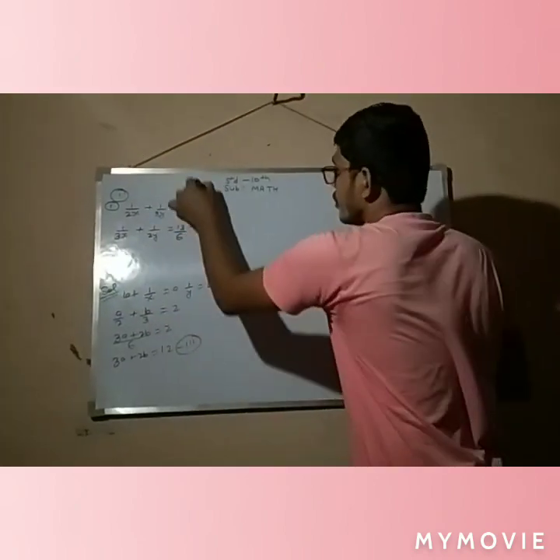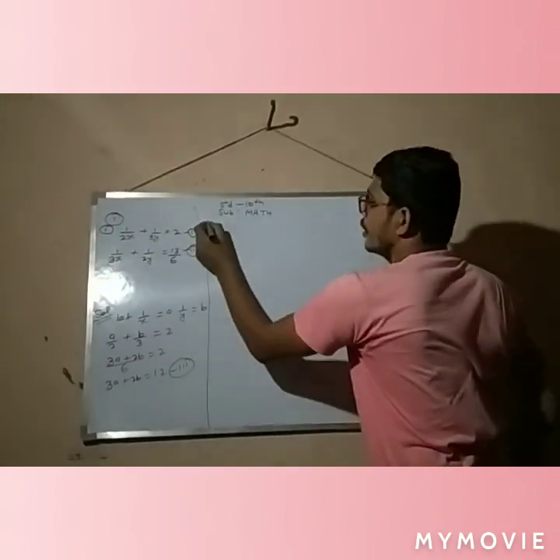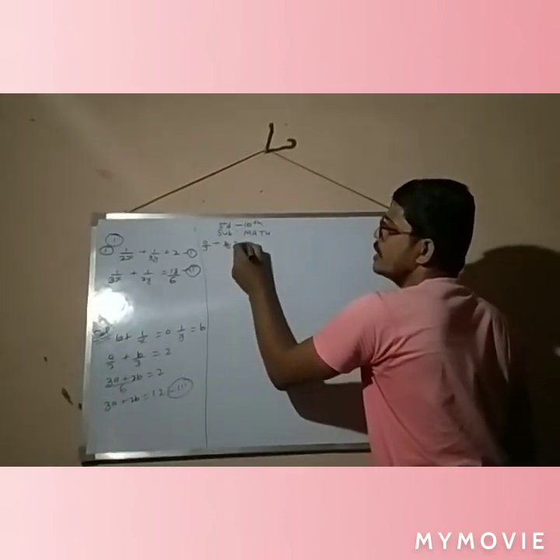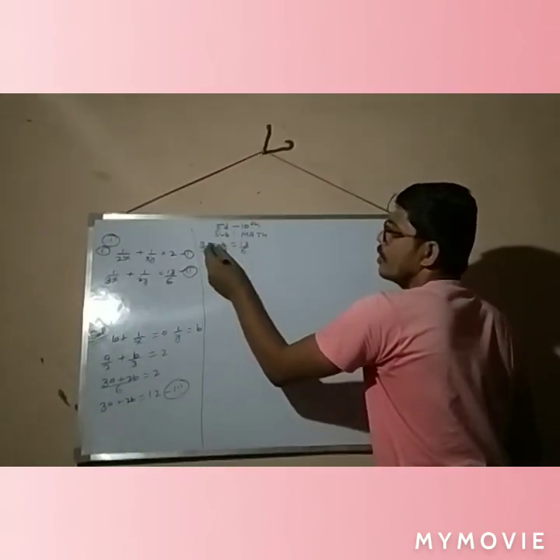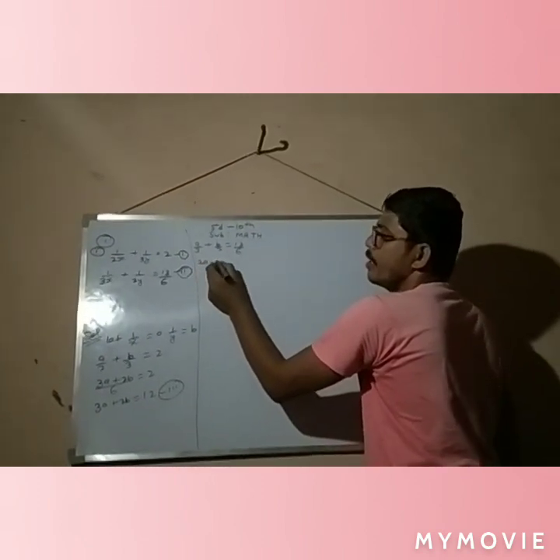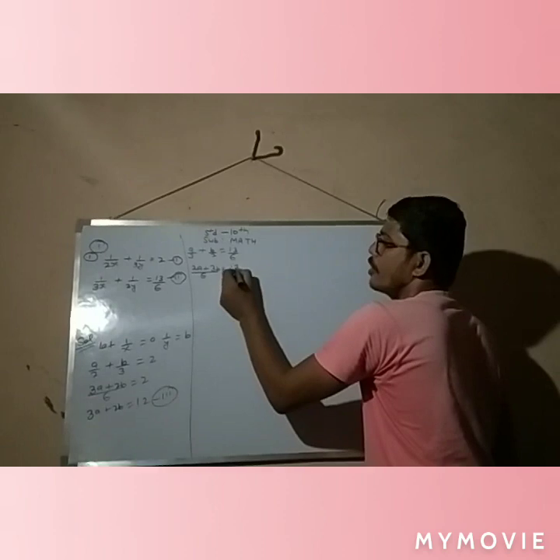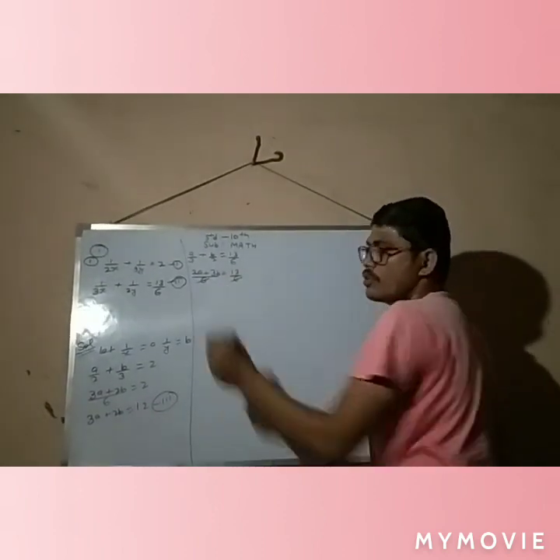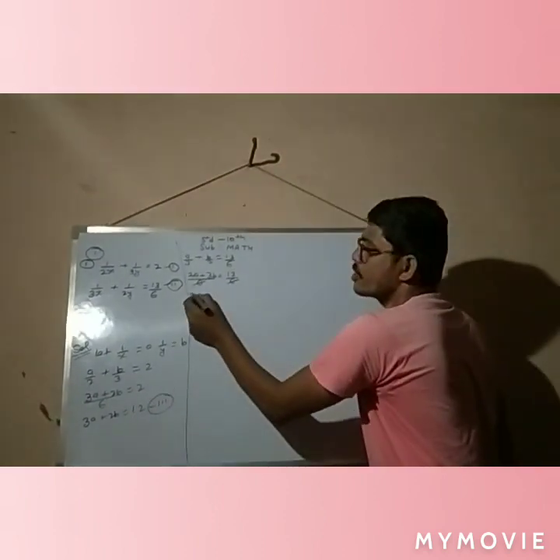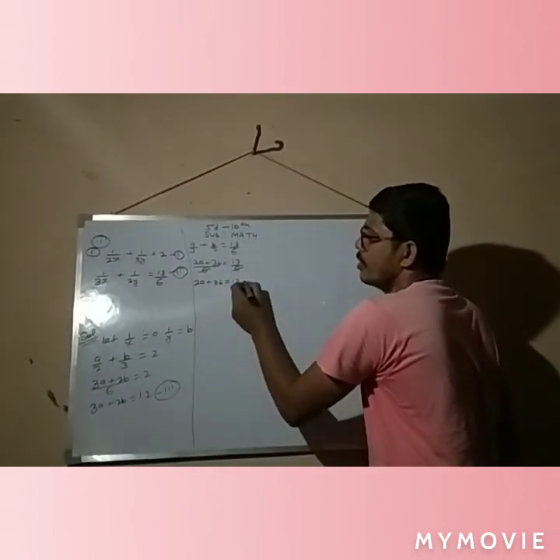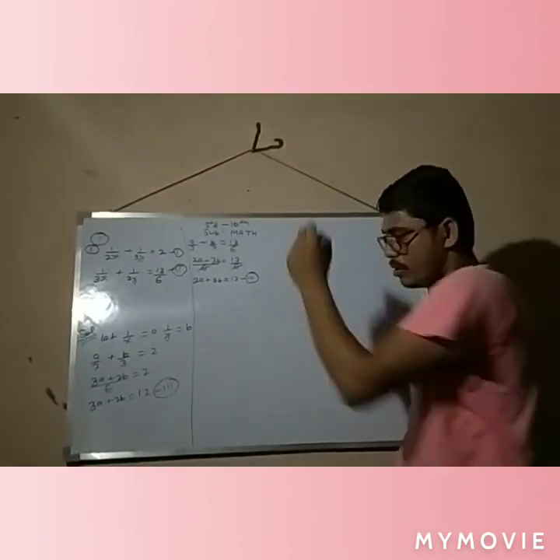Similarly, a upon 3 plus b upon 2 is equal to 13 upon 6. Cross multiply, 2a plus 3b upon 6 is equal to 13 upon 6. Now cancel out here. So we can write, student, 2a plus 3b is equal to 13. Now this is equation number 4.